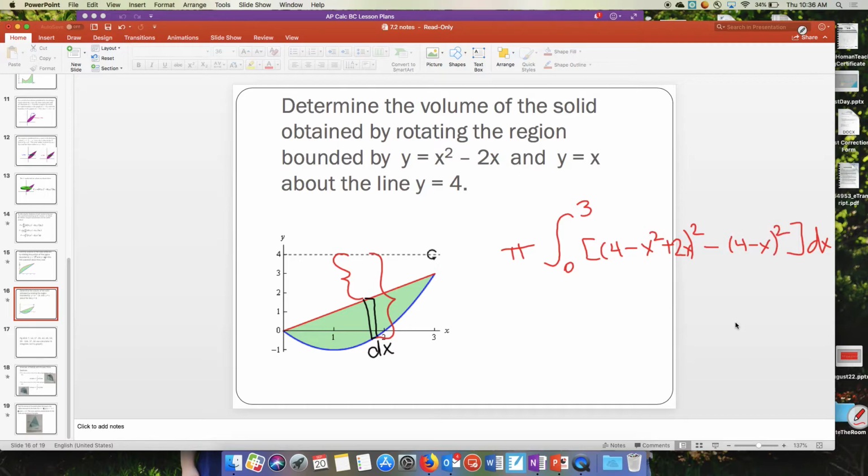So we still have large radius squared minus small radius squared, still keeping in mind the top minus bottom stuff. Same goes for something around like the line x equals -2 or x equals 15. Okay.